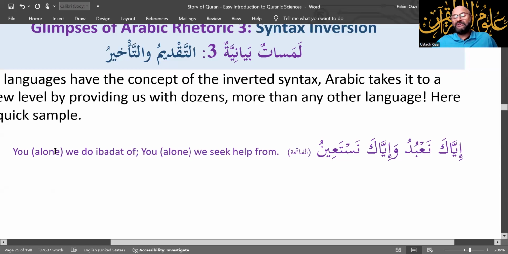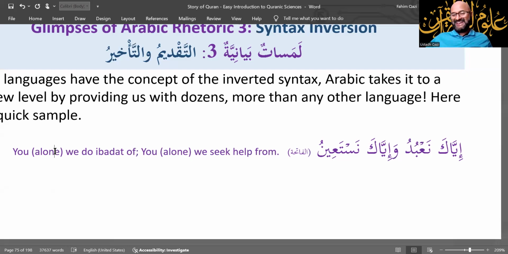That's the power and beauty of the Arabic language. This word alone is understood by any educated Arabic speaker without you saying it. So how is he or she able to understand the word alone, even though it is not there? This is an invisible word. Here's the reason why.